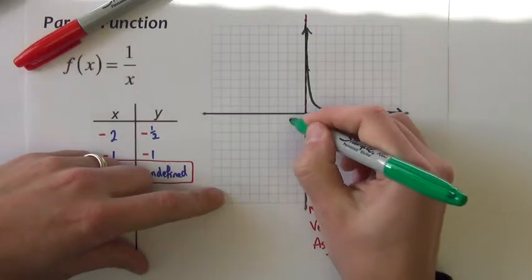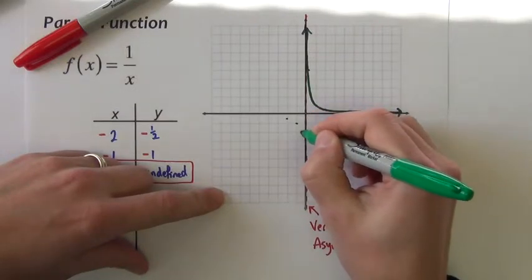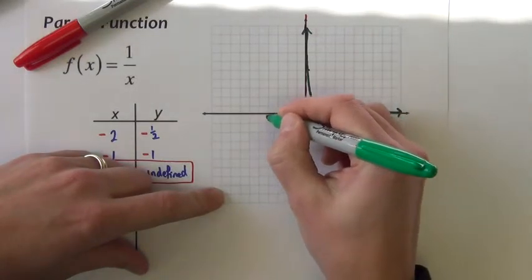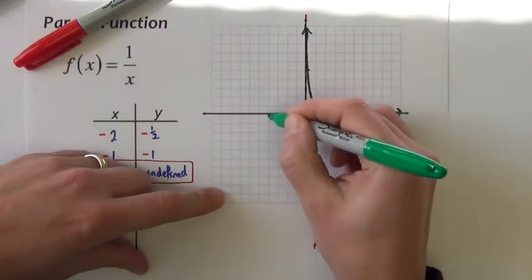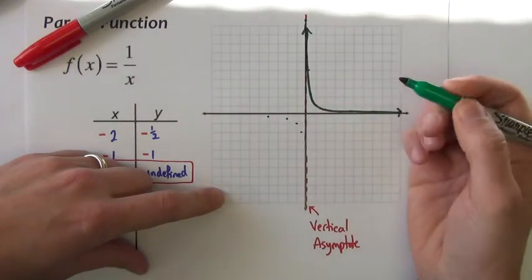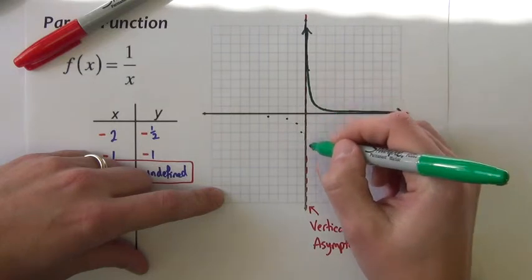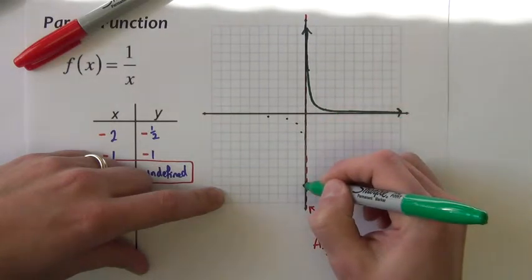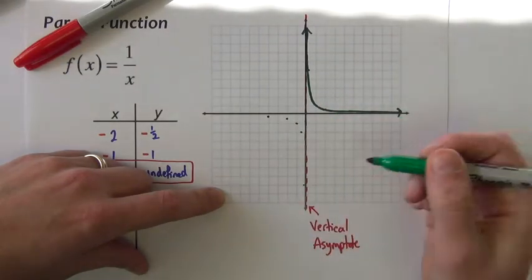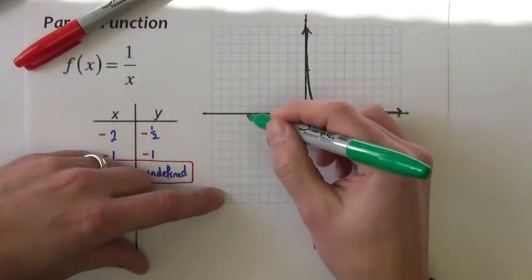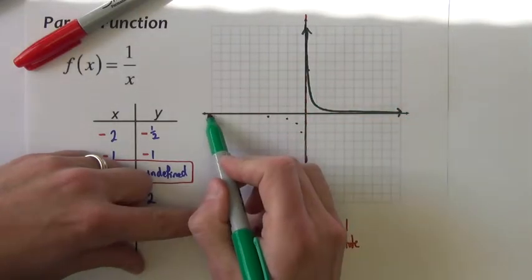We're going to get this point, get this one, and we could fill in some more points out here. X is -4 would make -1/4. X of -1/8 would be a y value of -8. We're going to get the same kind of curve in this quadrant.